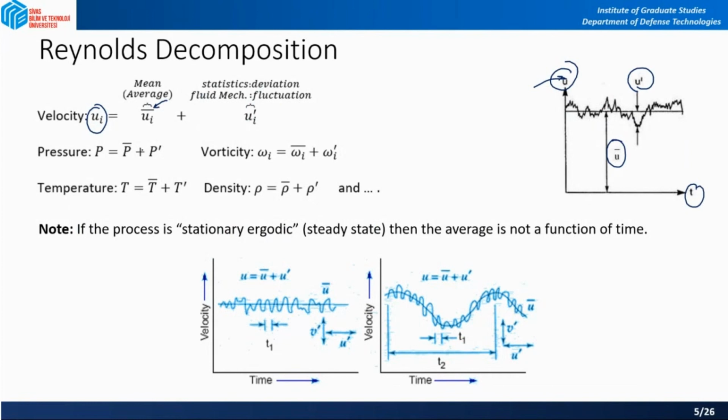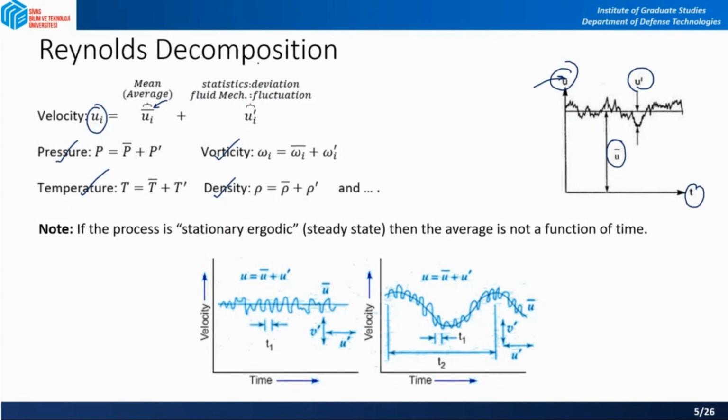The same happens for pressure, for vorticity, for temperature, and for density. So all instantaneous parameters can be composed of an average part and a fluctuating part.